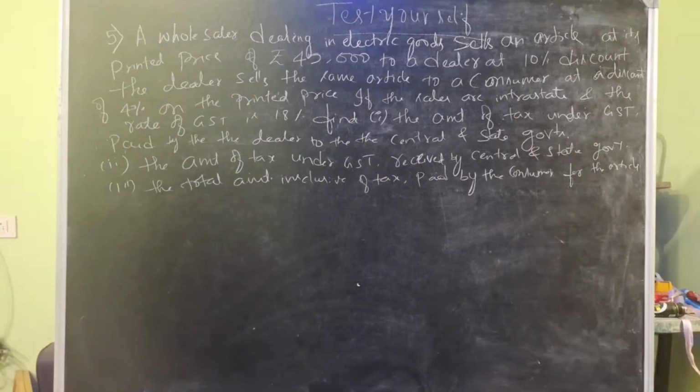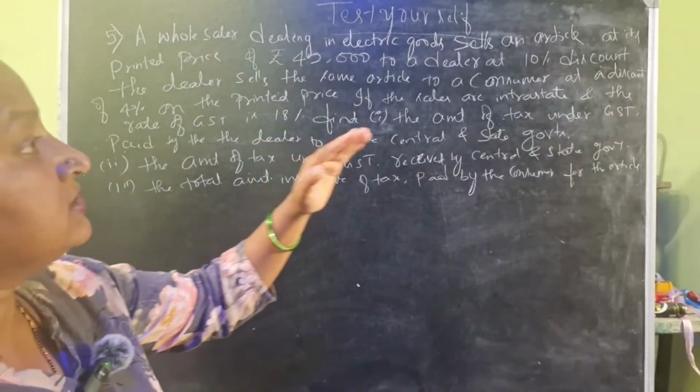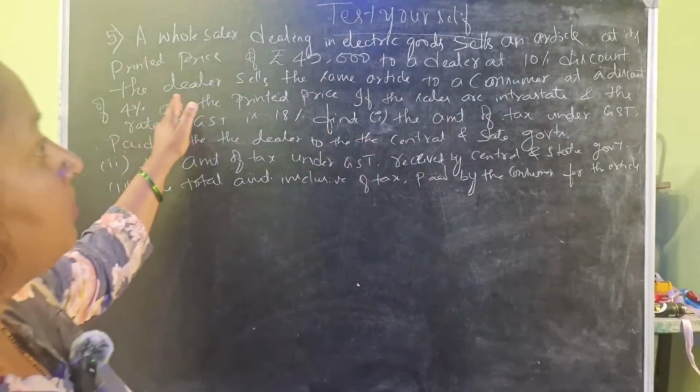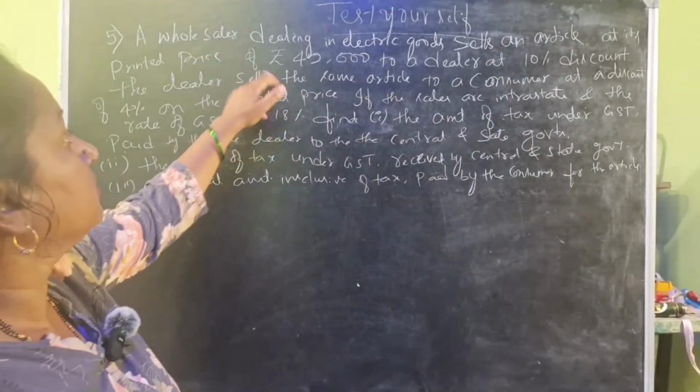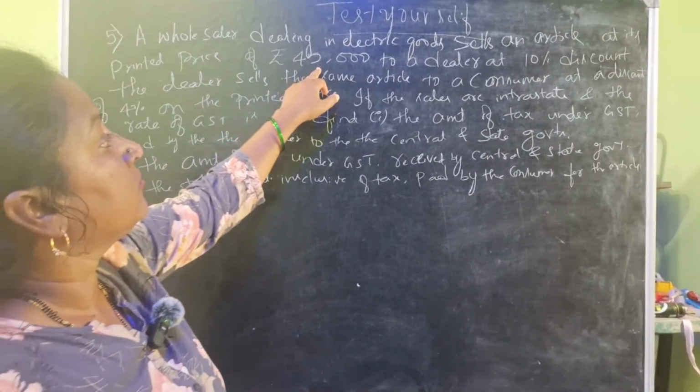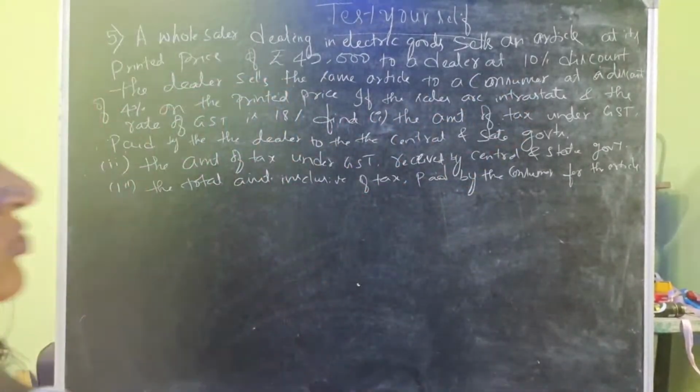A wholesaler dealing in electric goods sells an article at its printed price, that means MRP, of rupees 45,000 to a dealer at 10% discount.